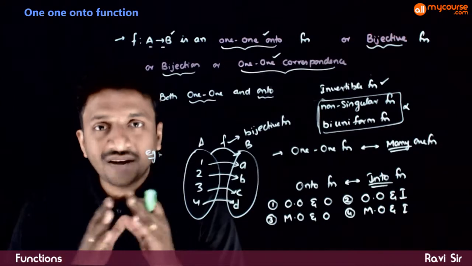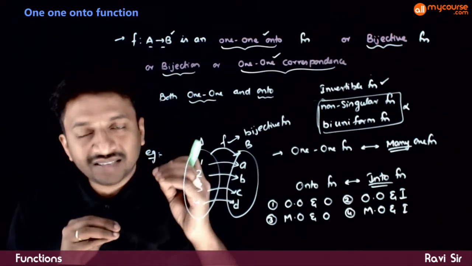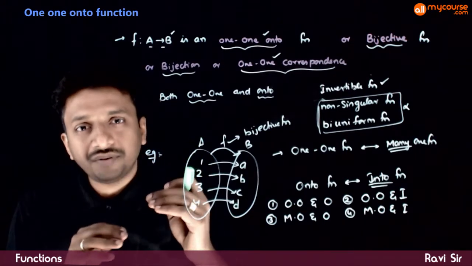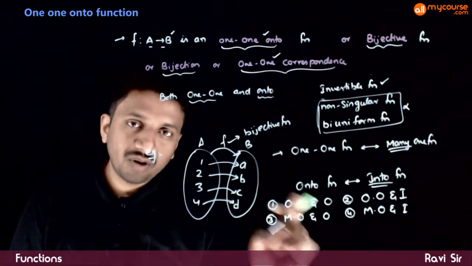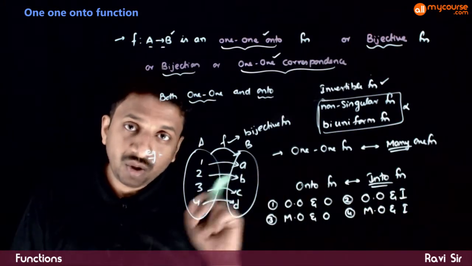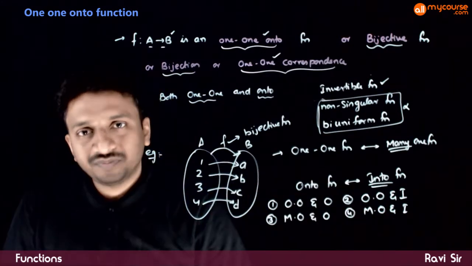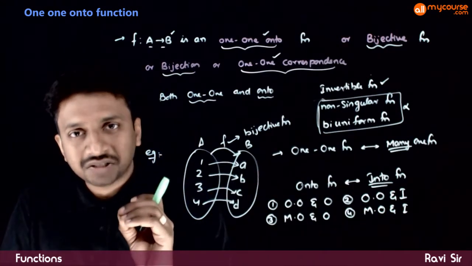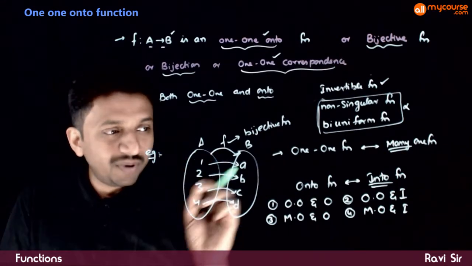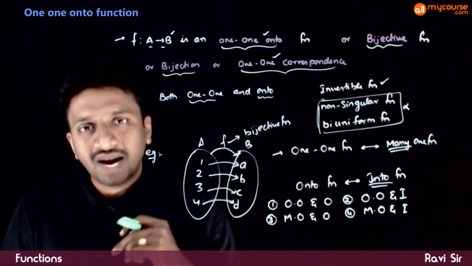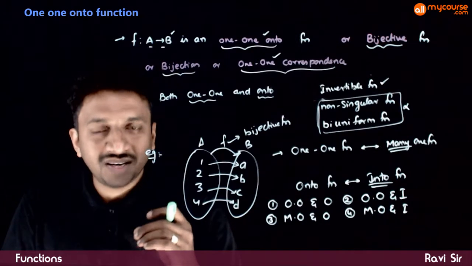So if you take any function, we can categorize the function into one of the 4 types: 1, 1 onto, 1, 1 into, many 1 onto, many 1 into. You just need to see the nature.